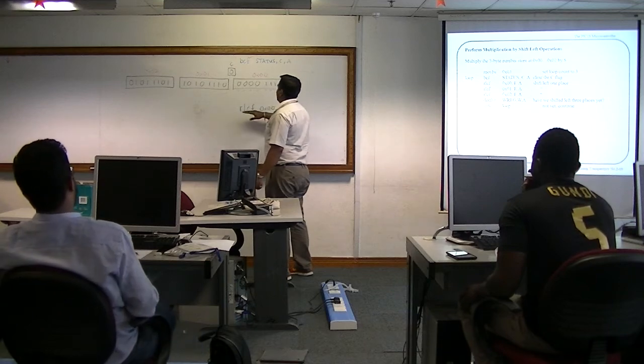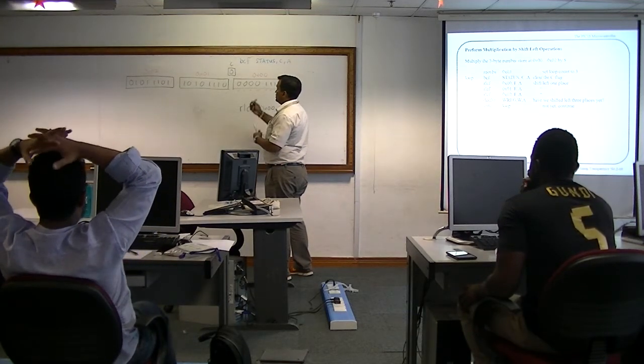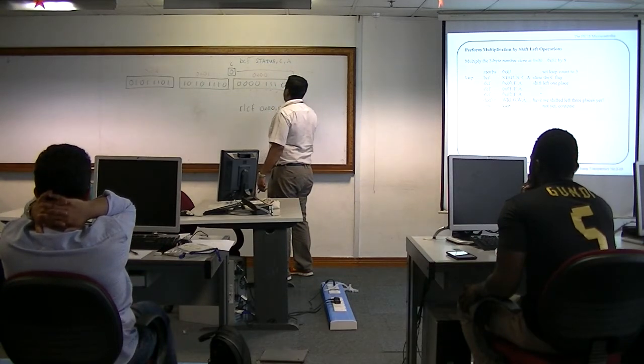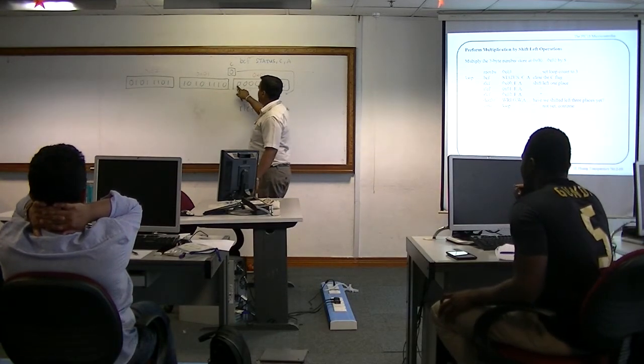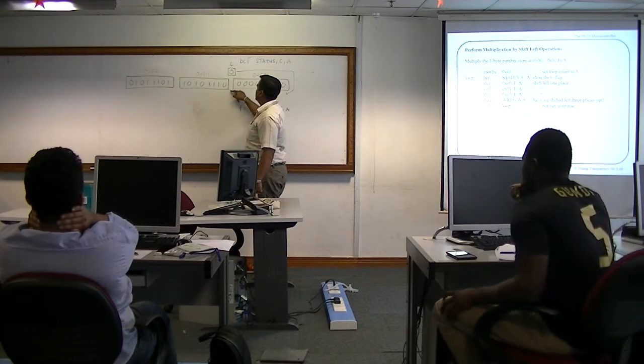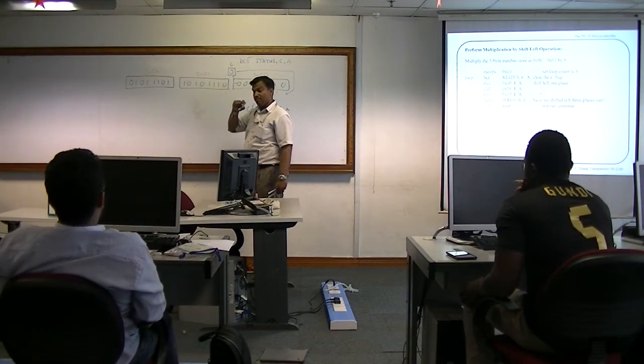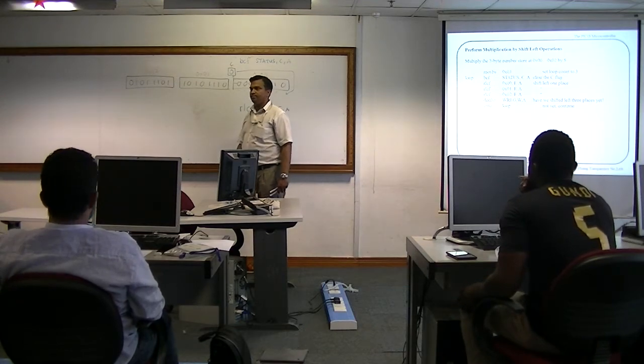So then when you rotate carry, what happens? The 0 here actually enters here, right? What happens to this 0? This 0 will be pushed into carry. You are following?